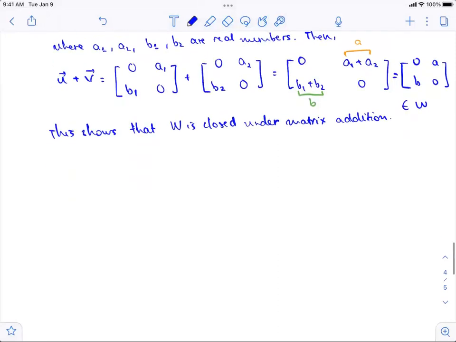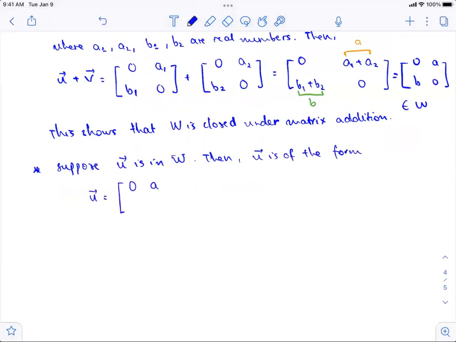And for the last condition, suppose U is in W. Then U is of the form [0, A1; B1, 0], where A1 and B1 are real numbers.